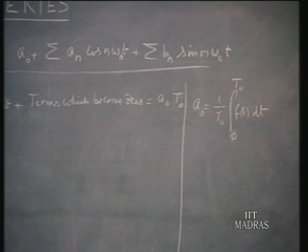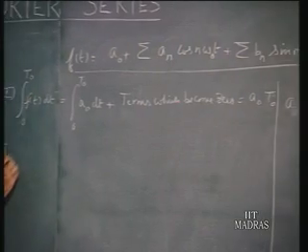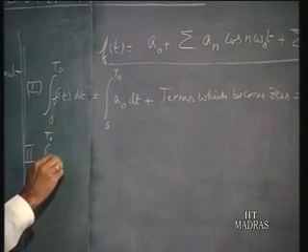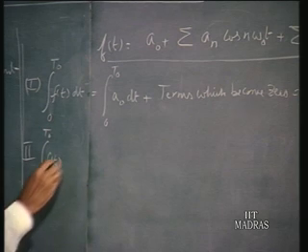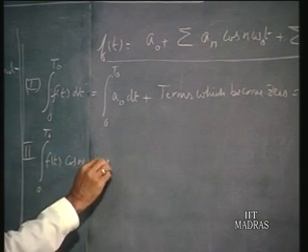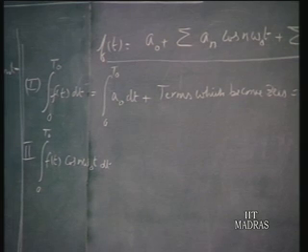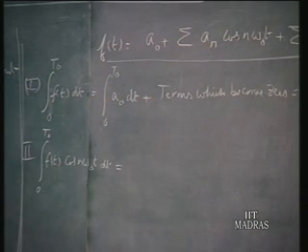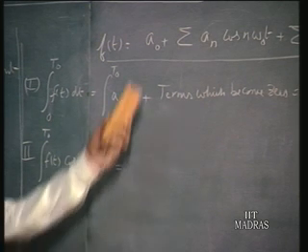Likewise, if I multiply the left hand side by say cos n omega naught t and then integrate that product f(t) cos n omega naught t over a complete period, each one of these terms must be multiplied by cos n omega naught t and integrated over a complete period.